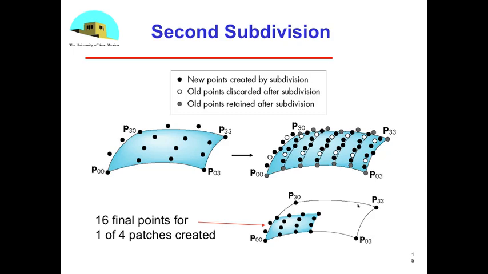So you get 16 points, some repeated, for each of four patches. The code is a little bit tricky, as we'll see. To make it nice and clean, you can do some transposing to switch between U and V.